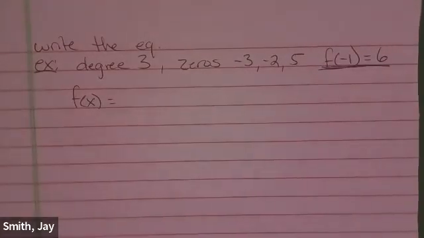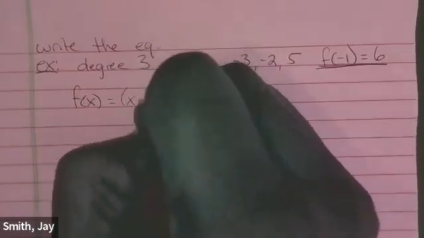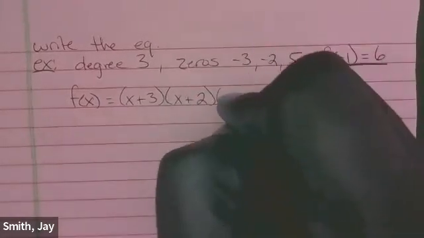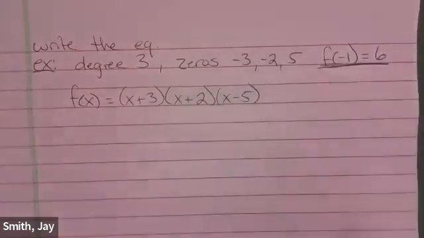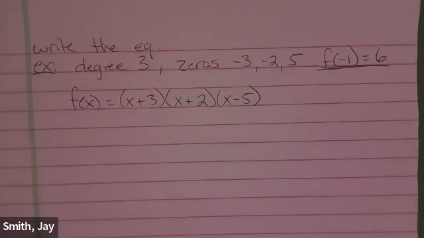And if we're told that our zeros are negative 3, negative 2, and 5, that means that our factors will be x plus 3, x plus 2, and x minus 5. Remember that if they give us zeros, we take the opposite of what we see, put an x in front of it, and that's going to be a factor.